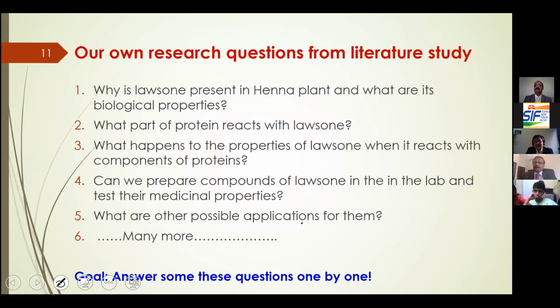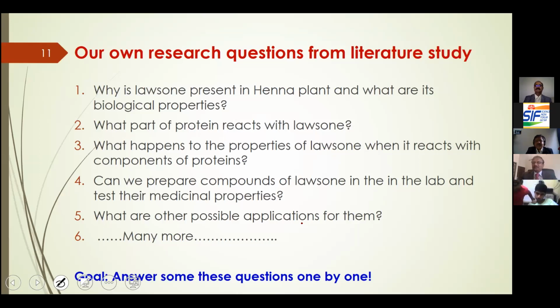It is all about energy. We are energy dependent organisms and we will not waste any energy. Just like that, plants are also living organisms and they will not waste their energy. So there is a good reason why the henna plant is making this molecule. And the second thing is, what part of the protein reacts with lawsone?